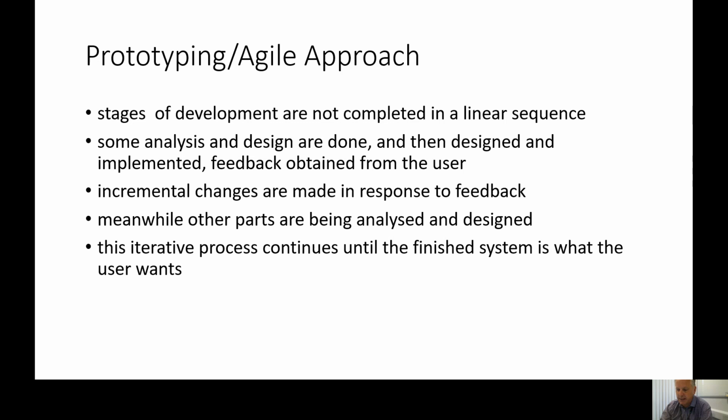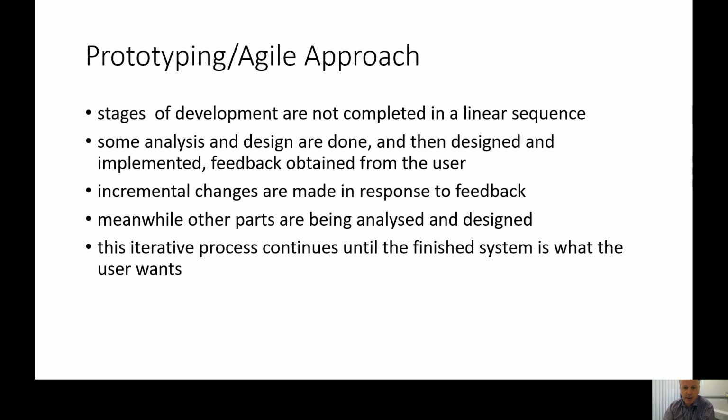Okay, so looking at the types of approaches you can have with software development. When you're looking at system analysis methods, one method you can use is the prototyping or the Agile approach. What this involves is the stages of development are not in a linear sequence, unlike the Waterfall approach. There is some analysis and design done.